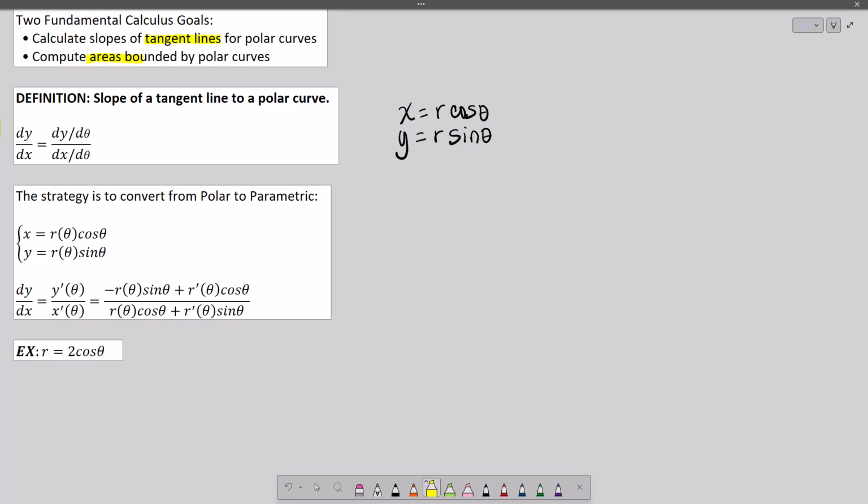So this r here, so far what we have been seeing is that this r has been represented with a constant. We're changing that now. When we change our polar curve over to parametric, we're going to take our polar curve and plug it in right there for r. We're thinking of that r as a function now, not just a constant.